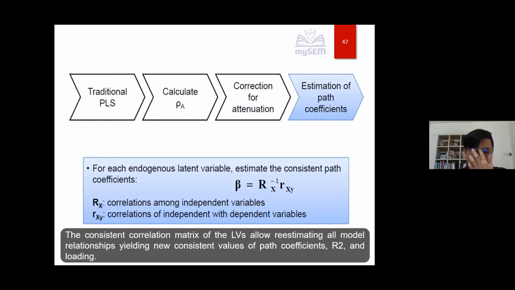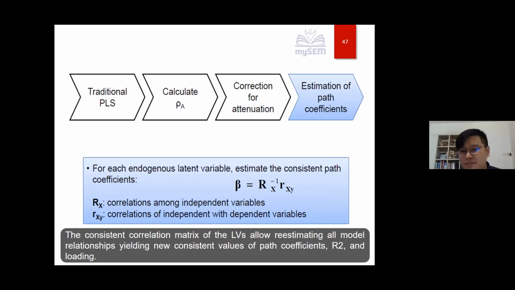In other words, when you correct your traditional reflective, which is using composite estimation, into a true reflective using PLS-Consistent, by having the new reliability score called rho A, it will correct for attenuation so that it will then estimate a new value, which is the true value of the reflective of X to Y that represents CFA, that also represents a true reflective estimation.